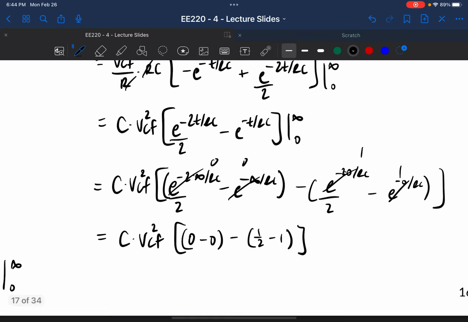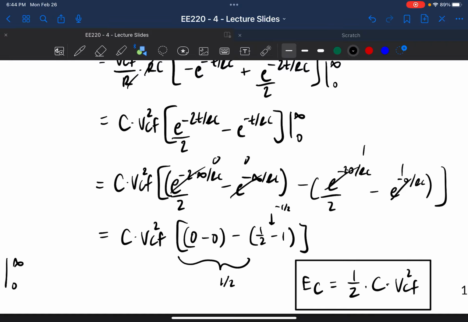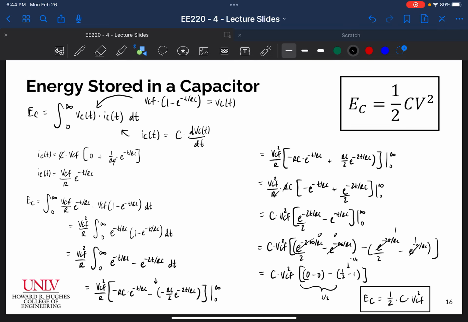And so this term here is negative a half. The negative makes this whole thing 1 half. And so I get that EC is equal to 1 half times C VCF squared. All right. And that is the equation that we were looking for, the energy stored in a capacitor.